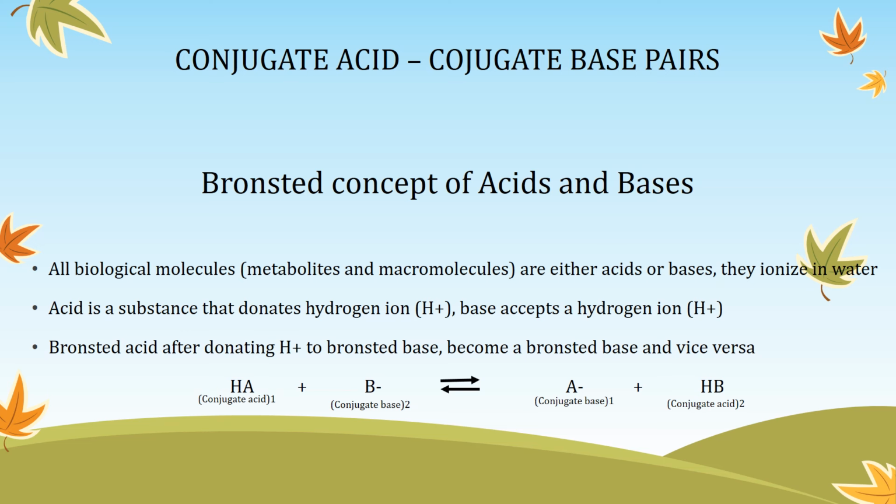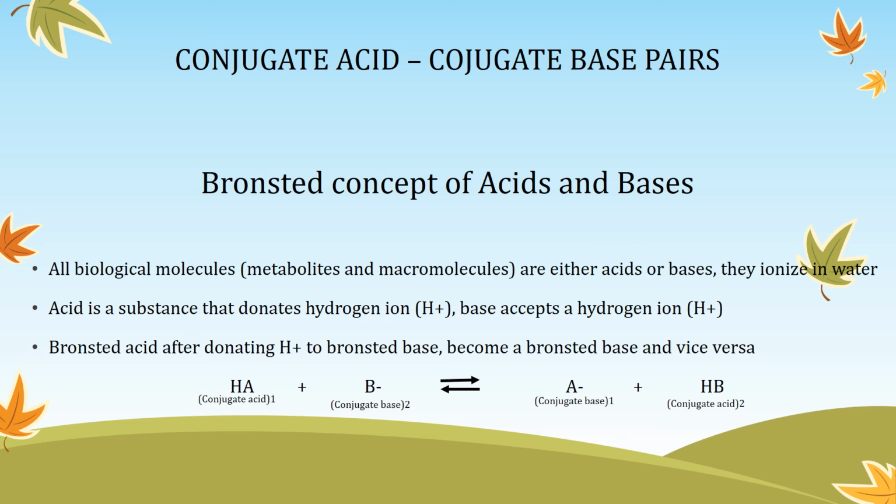So when an acid donates a proton to a base, the base becomes a conjugate acid, and the one which is donating, that is the acid, will become a conjugate base.